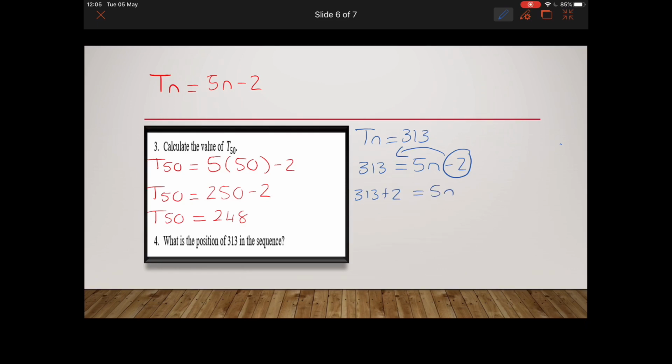So I'm going to get 315 equal to 5n. And then to get n on its own, I'm going to divide by 5, and I get n equal to 63. So that is now the position. So at the 63rd position, the actual term will be 313.